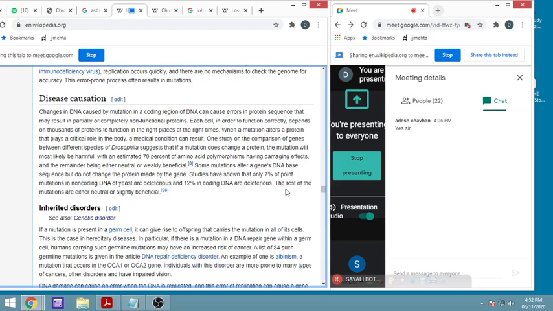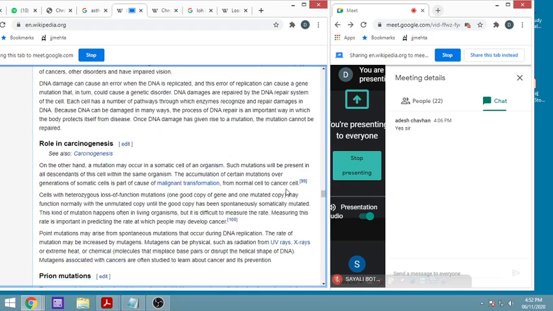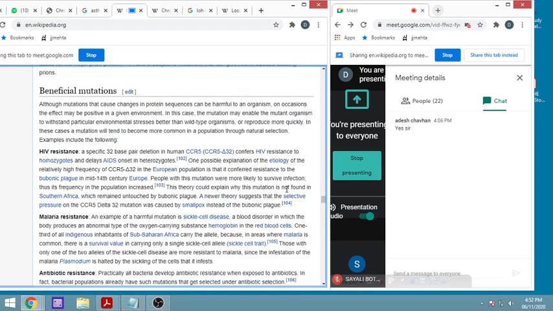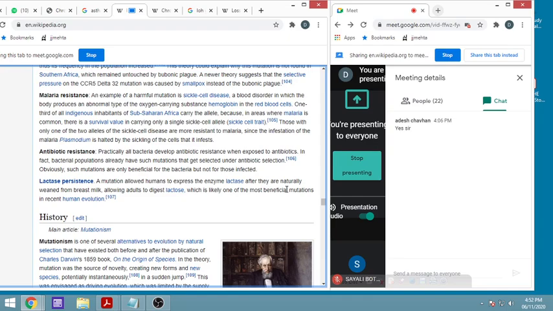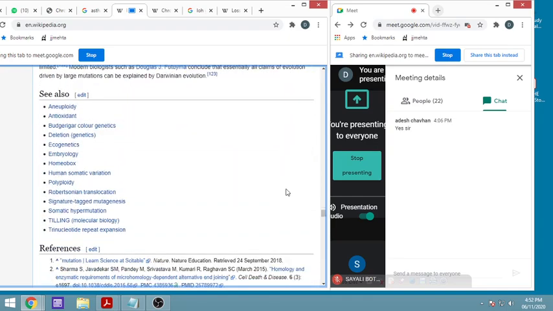This is how inherited disorders arise. There are many inherited disorders and many diseases present in carcinogenesis. We have seen about various resistances, etc. So this is what mutation is, and how mutations are important, that we have finished.